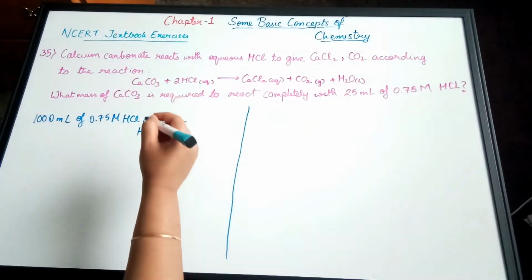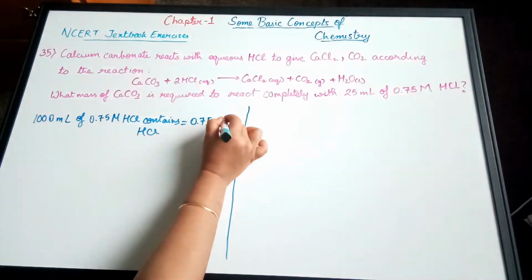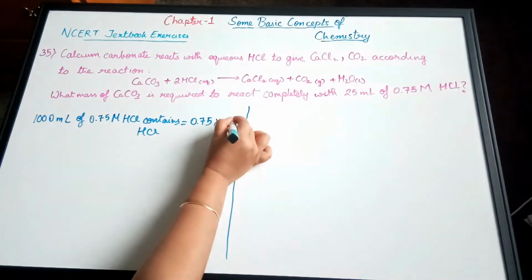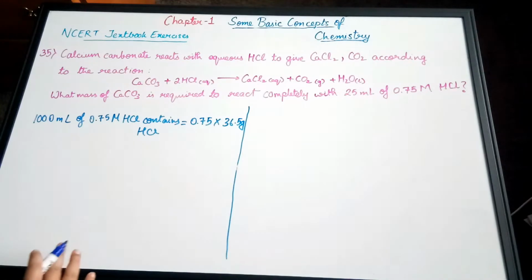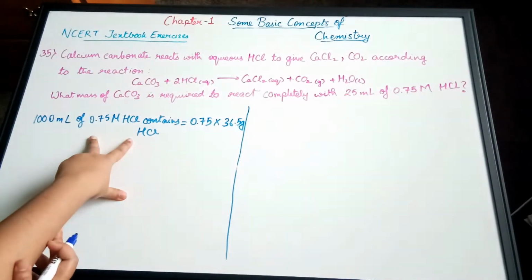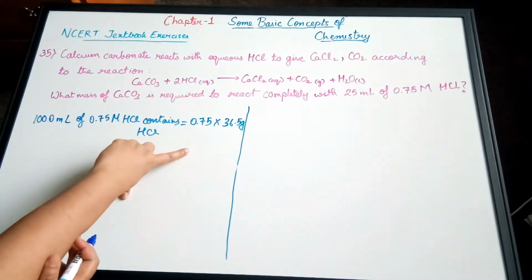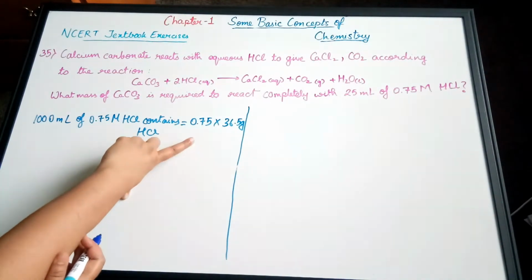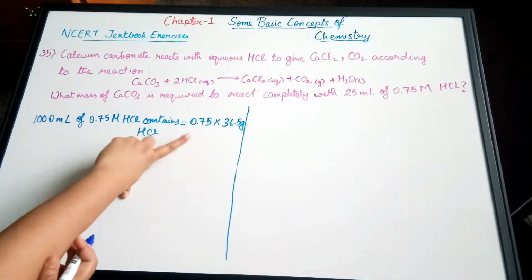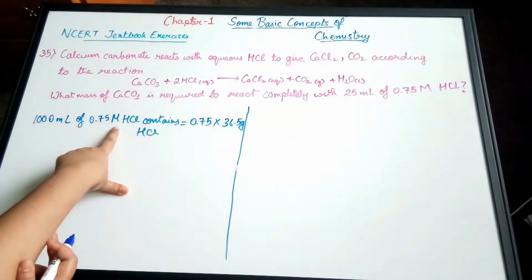This amount is 0.75 into the molecular mass of HCl, that is 36.5 grams. So 1000 ml of 0.75 molar HCl contains 0.75 into 36.5 grams of HCl, because we are multiplying the molecular mass with the molarity.